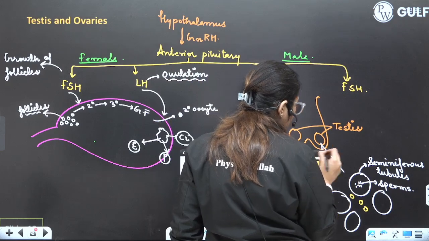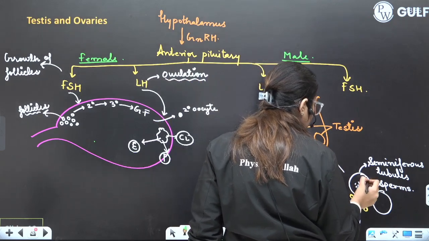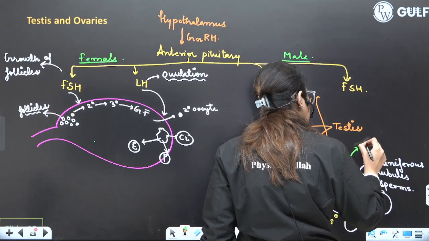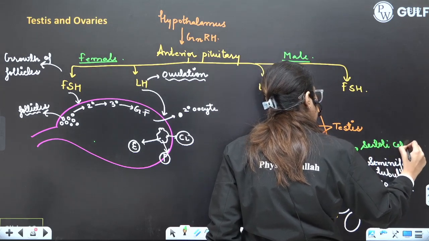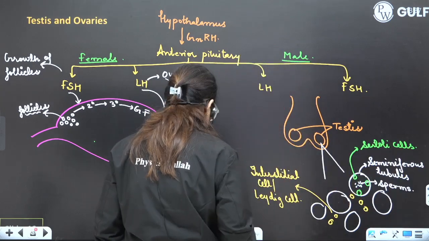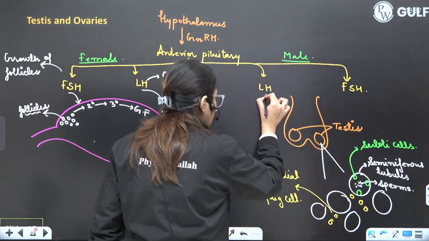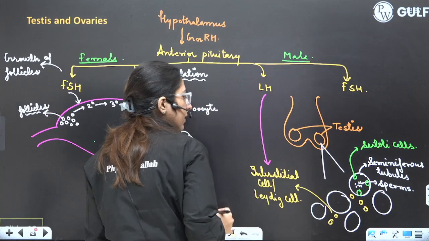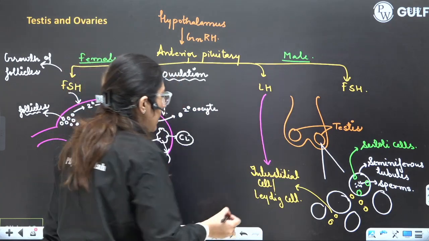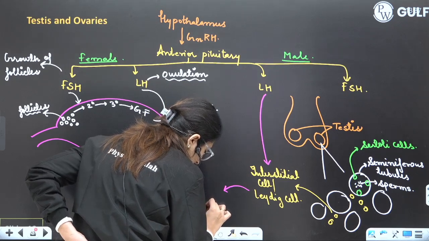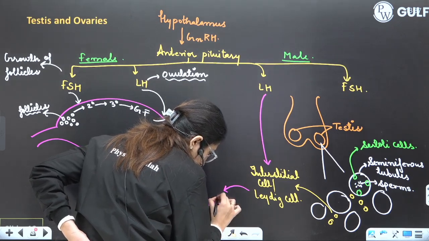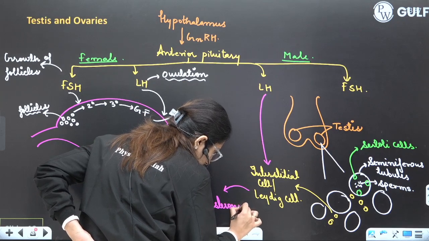Now, here you will find some cells which are the Sertoli cells. Now, listen again, very important point. LH goes to the interstitial cells or the Leydig cells. And Leydig cells, L for Leydig cells, they secrete testosterone, a kind of androgen in case of male.